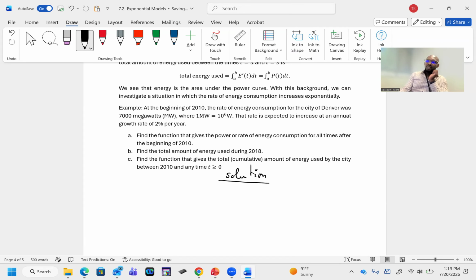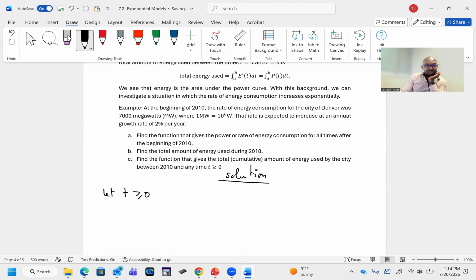So first thing I would say, read the problem as many times as possible to understand. At the beginning of 2010, the rate of energy consumption for the city of Denver was 7,000 megawatts, where that rate is expected to increase at an annual rate. So this is A first.